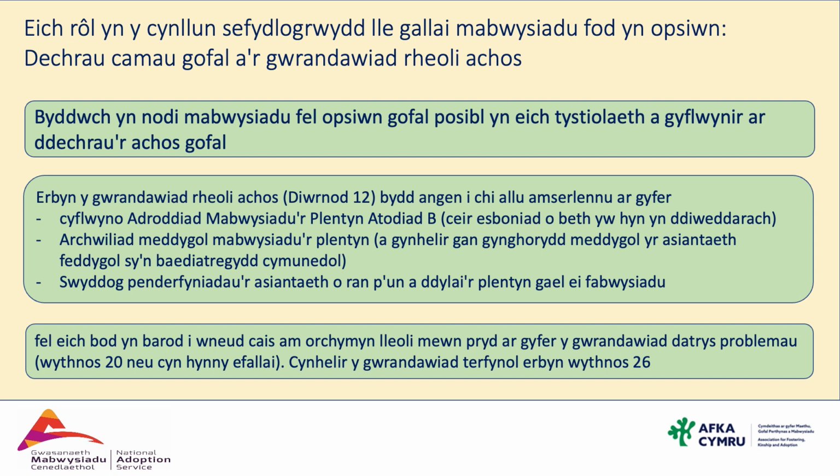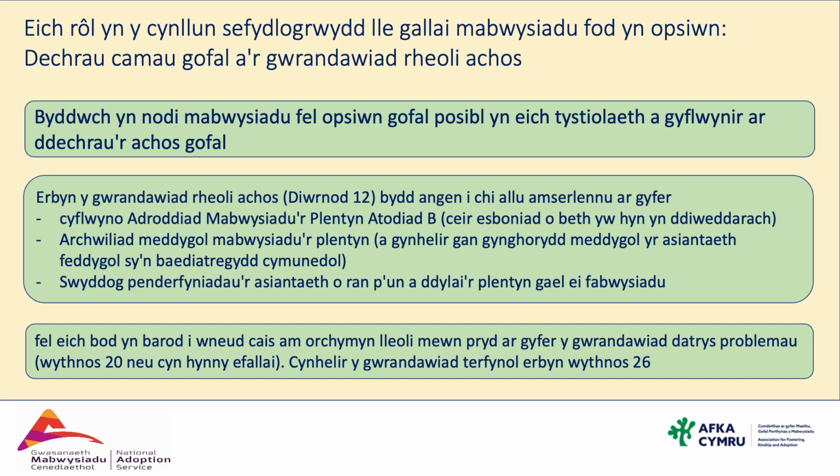First of all, the filing of the CAR B report. We'll talk about what the CAR B report is in a little while. You'll need to be able to timetable for the child's adoption medical, and that's undertaken by the adoption agency's medical advisor, who's a community paediatrician. And you must also be able to timetable for the agency decision maker's decision as to whether the child should be adopted.